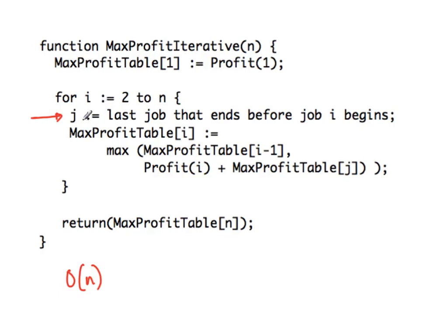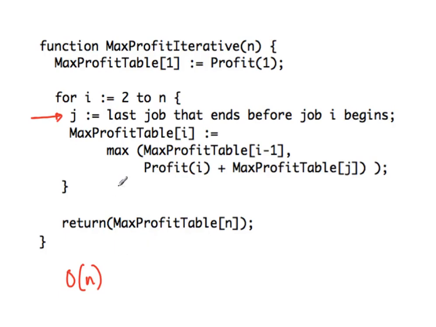So in fact, j only keeps monotonically increasing. Within each iteration of the loop, we just have to keep walking forward, and overall across all iterations of the loop, we only do one scan from 1 to n to fix the value of j. So it is overall a linear algorithm for this problem, even though we are using a recursive formulation and we are in some sense explicitly computing every possible subproblem.